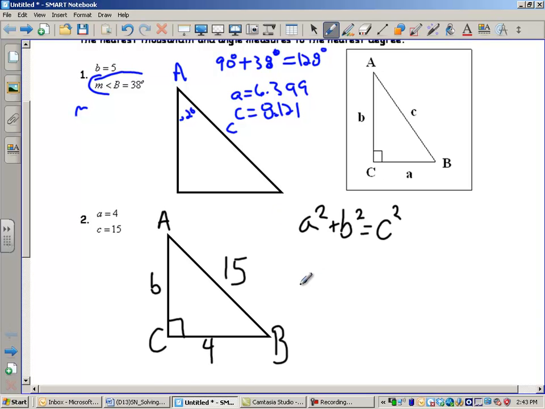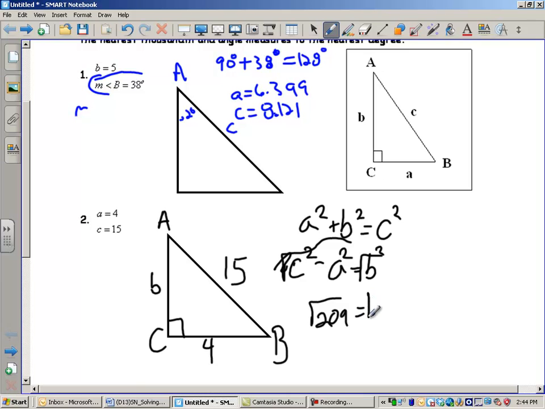So I'm going to manipulate this to be c squared minus a squared is equal to b squared. I'll take the square root of both sides of everything, and I end up getting the square root of 209.